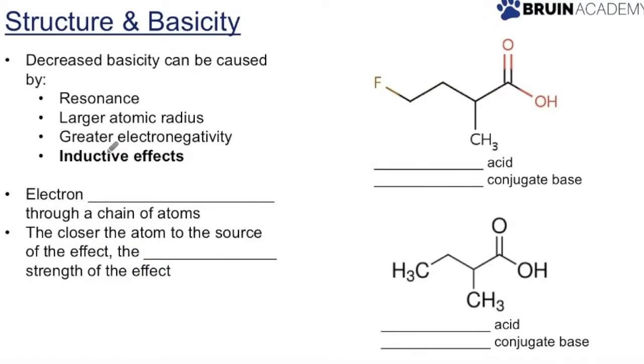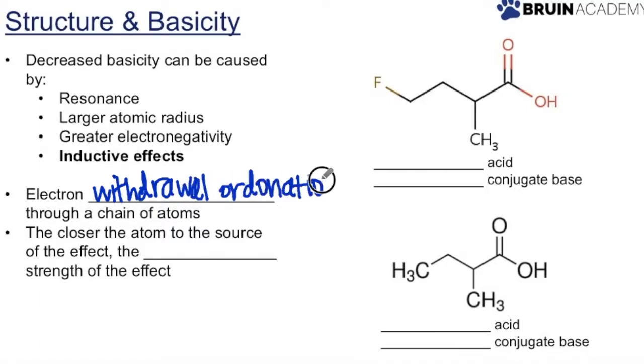We also want to consider inductive effects. Inductive effects are when you have electron withdrawal or donation through a chain of atoms. The key thing here is you have something super electronegative, or something really electron donating, somewhere down the line in the molecule, and it's affecting the electrons where the proton, or the acid-base reaction, is concerned.